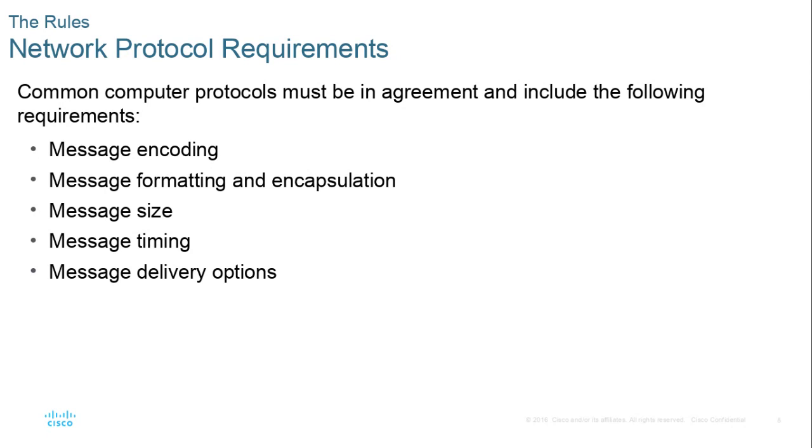What size is the message allowed to be? For example, we're going to see when we talk about the data link layer that Ethernet can hold up to about 1,500 characters of data, no more than that. If you have more data than that, you have to break it up into separate chunks. What is the timing of the message? Can we receive it successfully and process it? And what are the delivery options, what should we do if there's a problem?